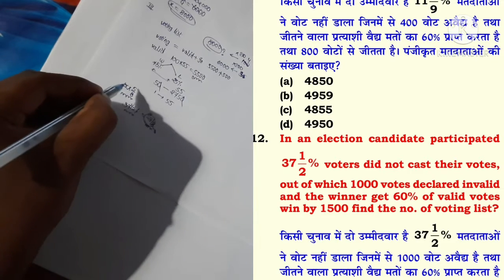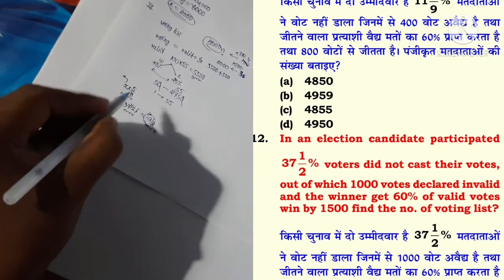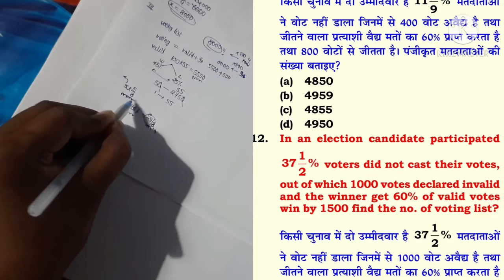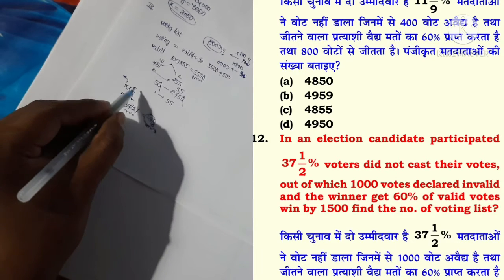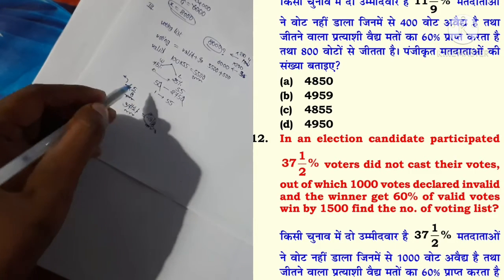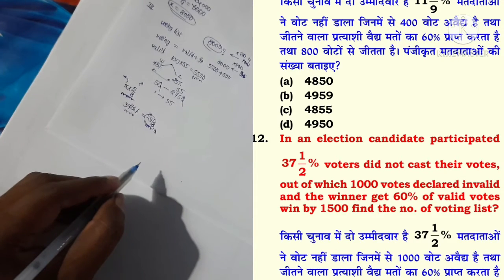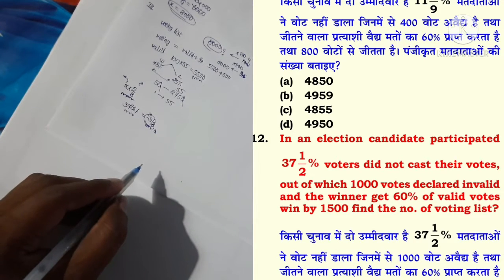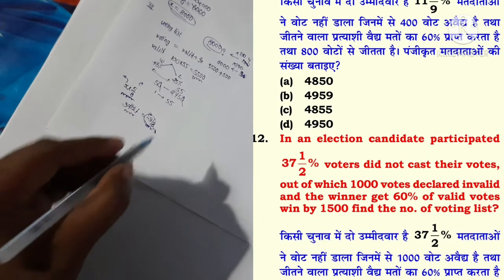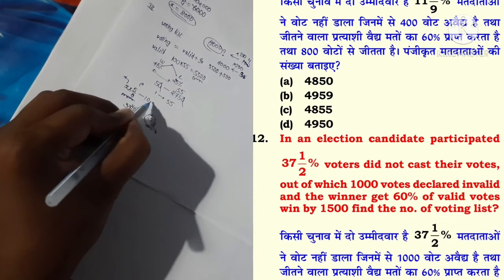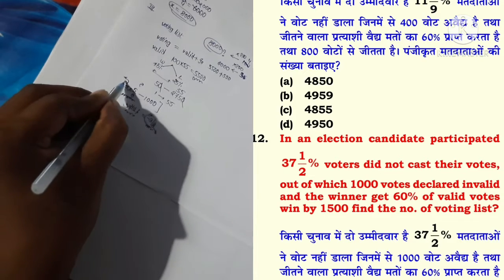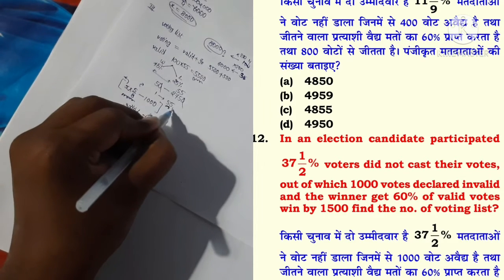X is the voting list, so x into 5 by 8 is the voting, out of which 1000 votes were declared invalid. So minus 1000. So this is the valid votes.